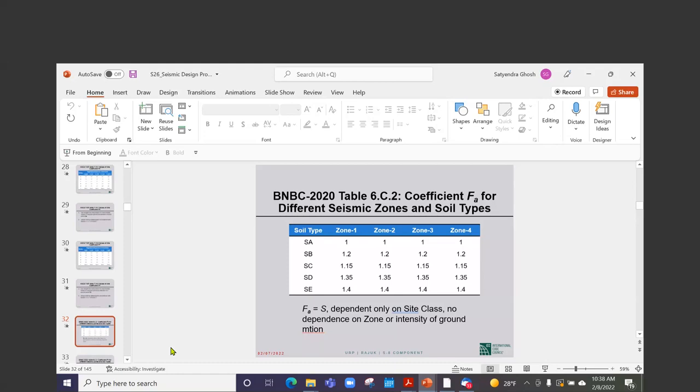Probably he is asking if the fundamental period is... I don't understand the question because you don't know the earthquake that will come. Whether the period of your building will be in the resonant range or not, you do not know. Earthquake ground motions are very different. So I do not quite understand the question.